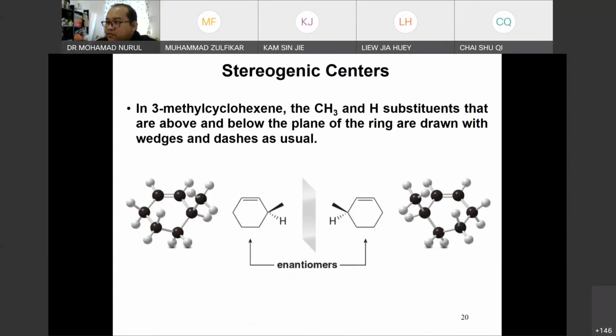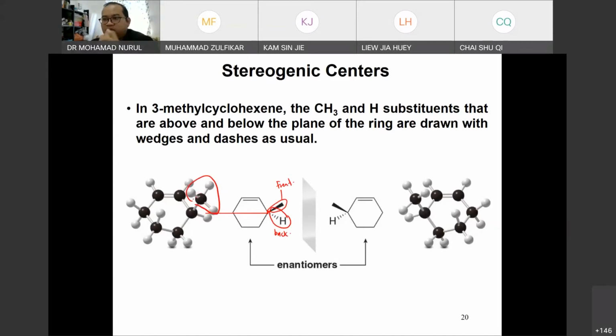We can represent it like this, with wedges and dashes. A wedge is at the front, if we imagine the 3D orientation, and meanwhile look for the proton at the back. If we see the 3D orientation here, we can see this one points up to you. That's why we call it at the front.